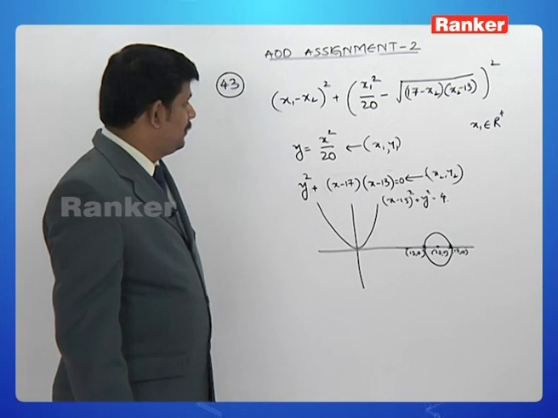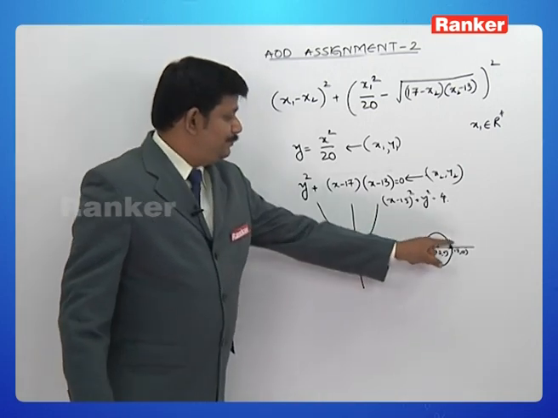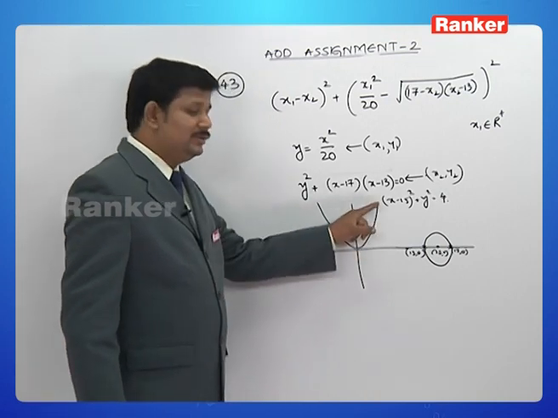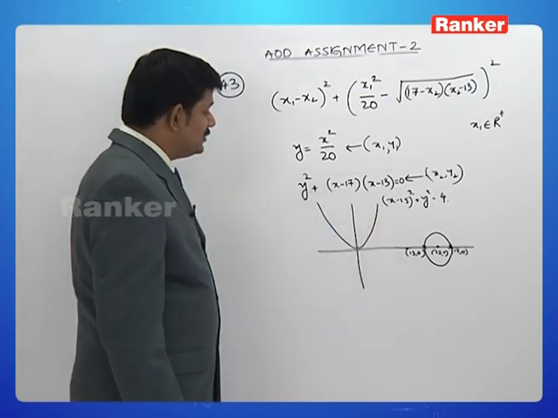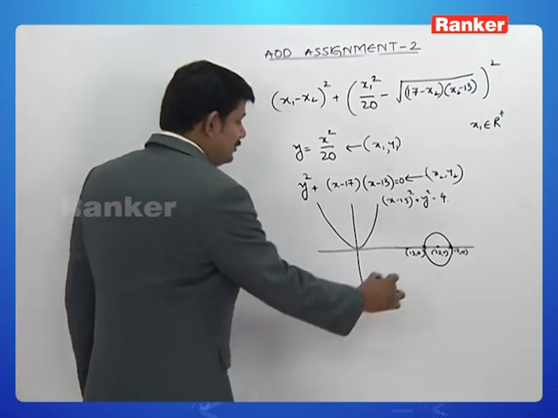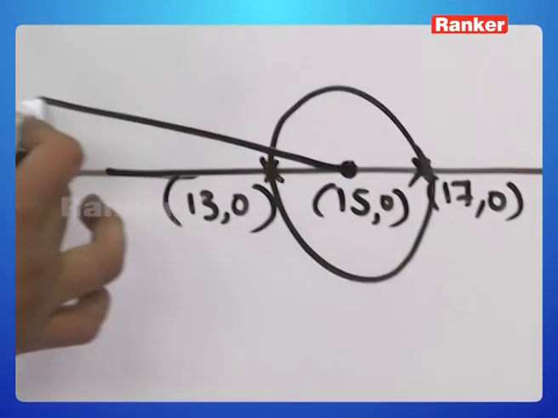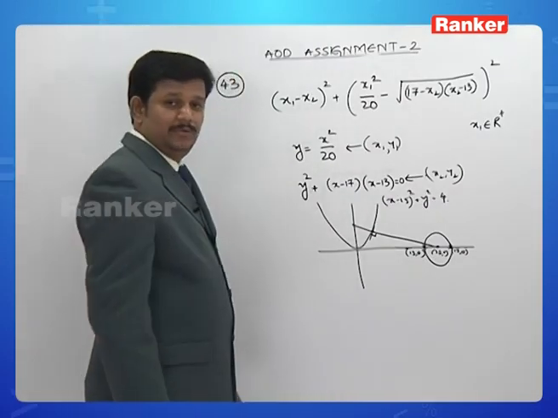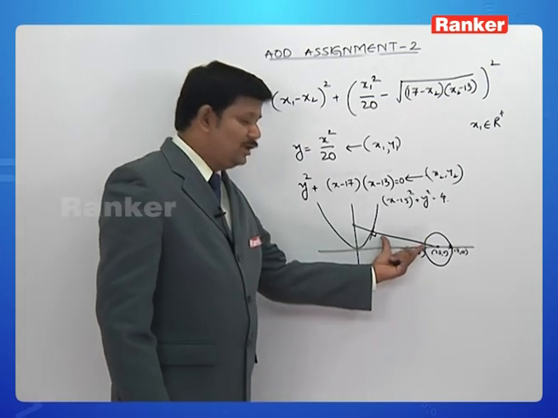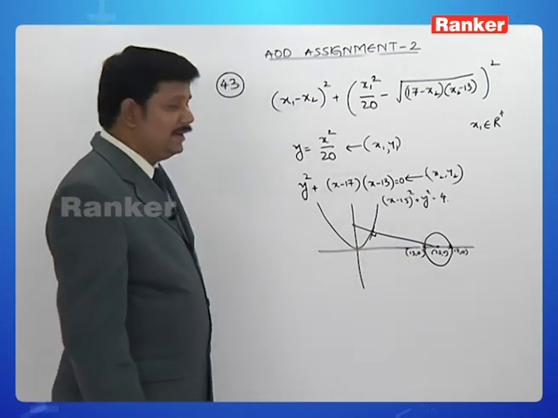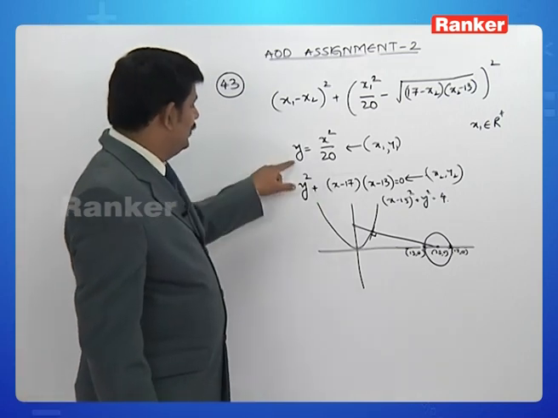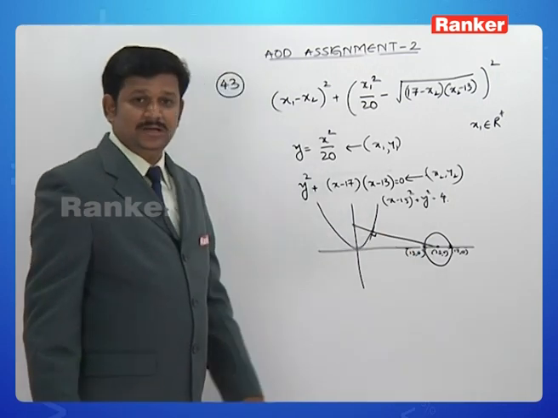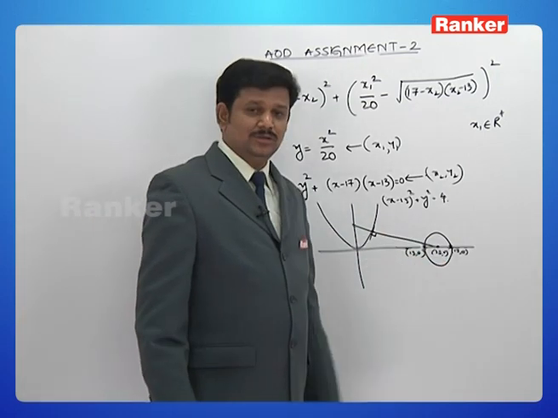Now we want some point x2 comma y2 on this circle and x1 comma y1 on the parabola. We want the distance between them to be least, and the distance will be least between any 2 curves along their common normal. So let us find the normal to the curve y is equal to x square by 20, which is also normal to the circle, and any normal to the circle will pass through its center 15 comma 0.